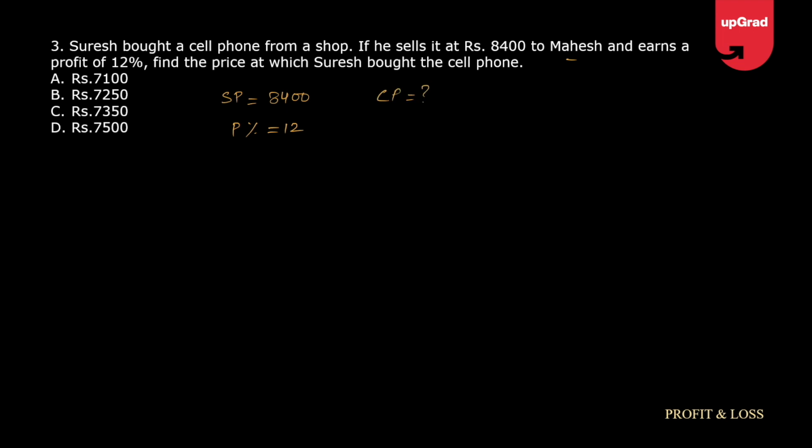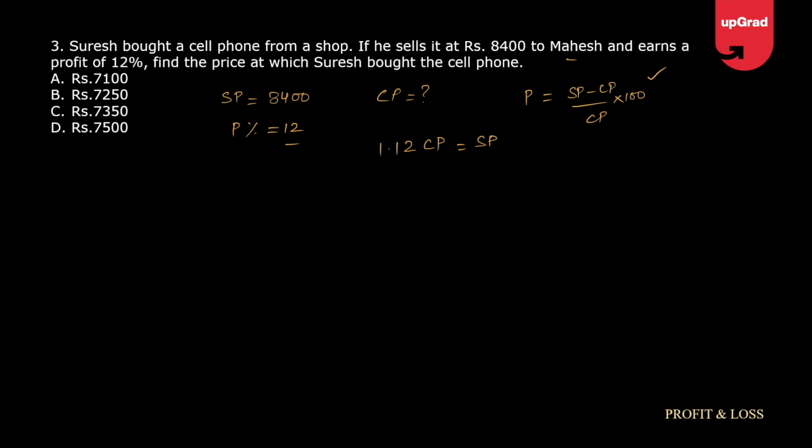Now this is again, sometimes people usually use the formula profit percentage is equal to selling price minus cost price divided by cost price multiplied by 100 and put the values in the formula to get the answer. Guys, please get into a habit of writing it as if, since there's a profit of 12%, I can directly write as 1.12 of cost price should be equal to my selling price.